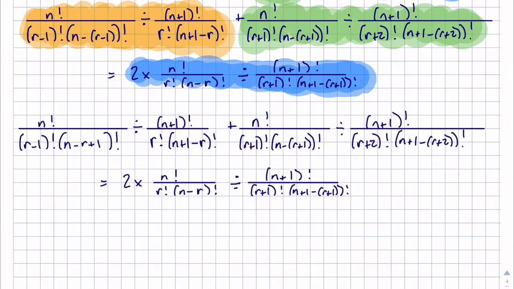Okay, and (n minus r plus 1) factorial is the same as (n minus r take 1) factorial. Anything else I can tidy up? This one will come out as (n minus r take 1) factorial. This one will come out as (n minus r) factorial.